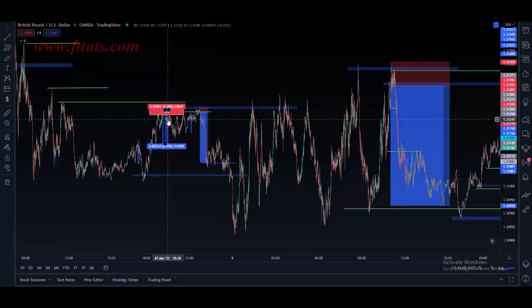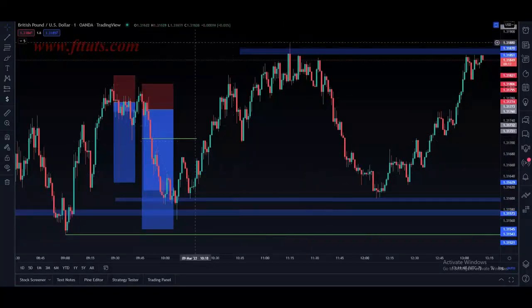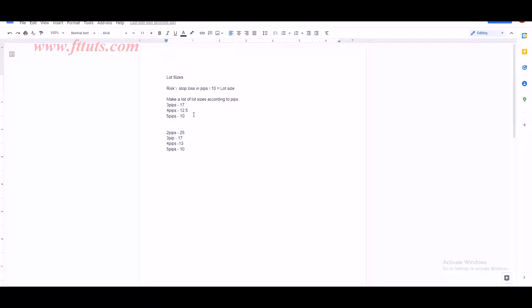Well, 1.9 pips, 3.4 pips, 2.1 pips. So some of them are on the lower side, but a lot of my trades are generally between 3 and 5 pips. And that's just kind of how it works.